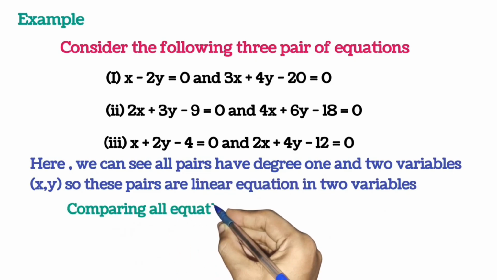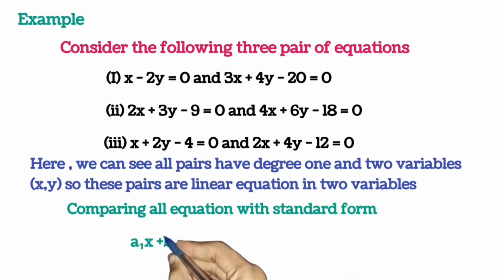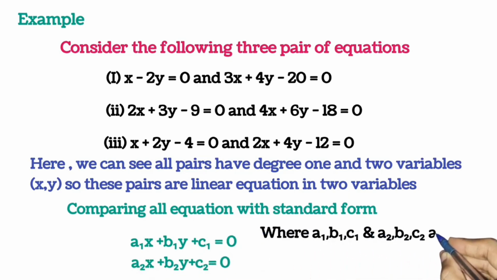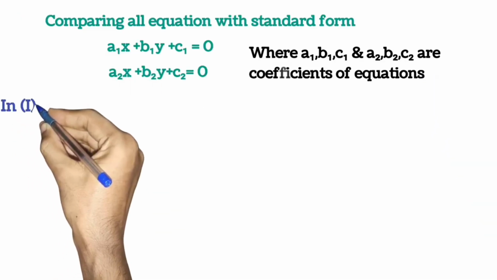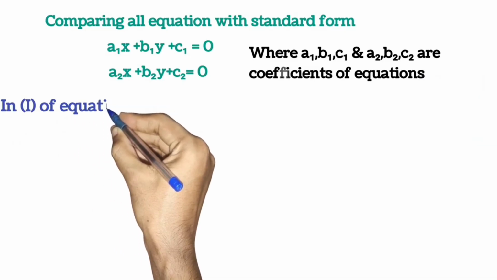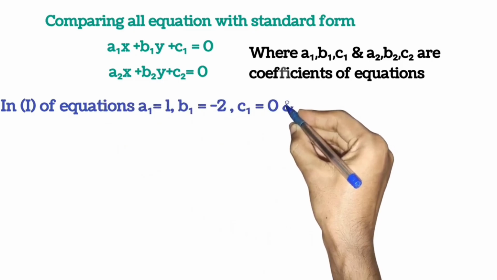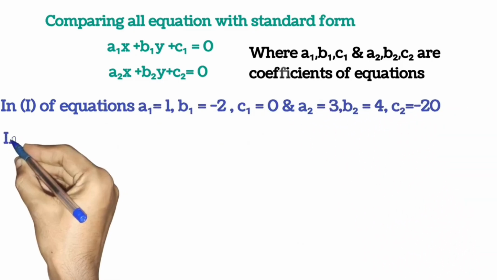Compare all equations with the standard form, that is a1x plus b1y plus c1 equal to 0, a2x plus b2y plus c2 equal to 0, where a1, b1, c1 and a2, b2, c2 are coefficients of the equations. After comparison, in the first pair, we get a1 equal to 1, b1 equal to minus 2, c1 equal to 0 and a2 equal to 3, b2 equal to 4 and c2 equal to minus 20.